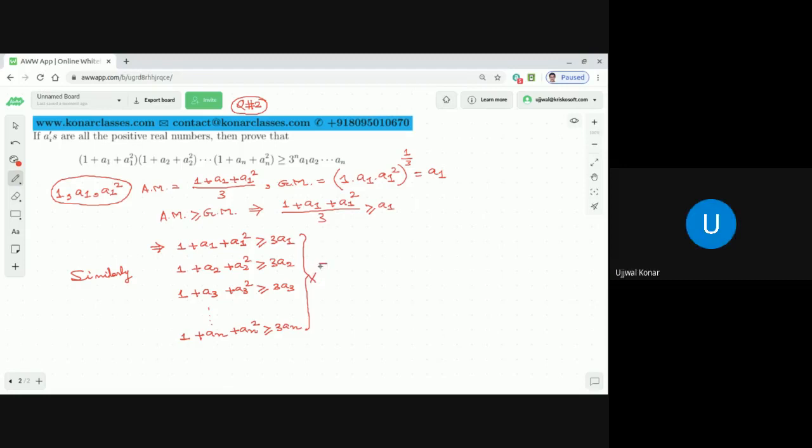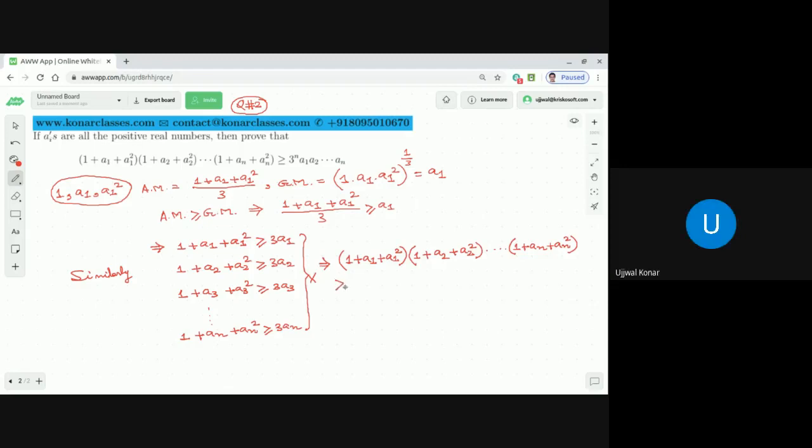Then in the left hand side we get (1 + a1 + a1²) into (1 + a2 + a2²), continuing till (1 + an + an²).